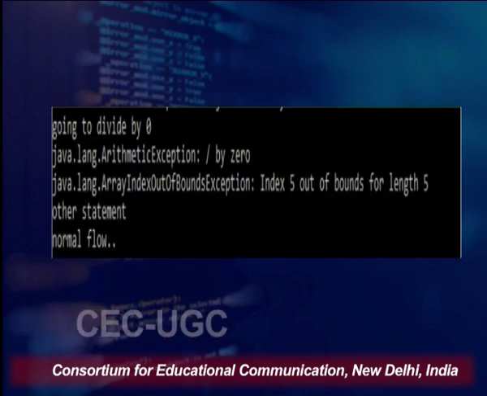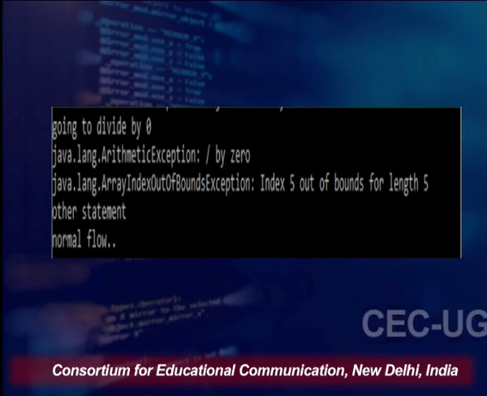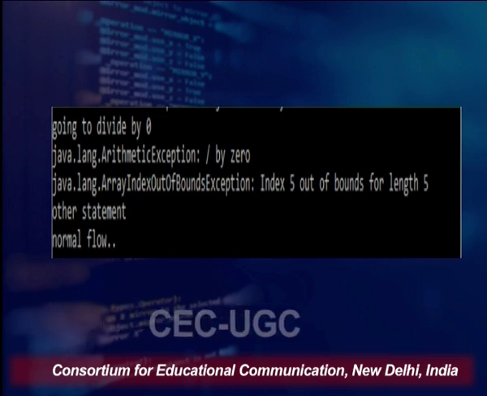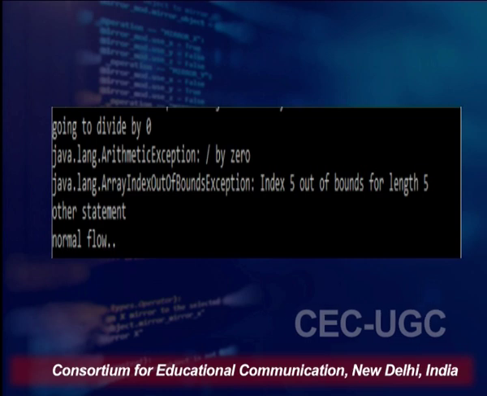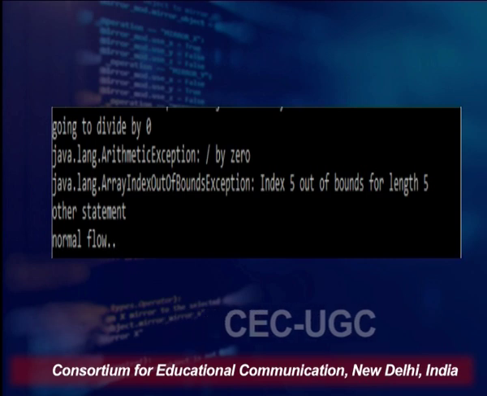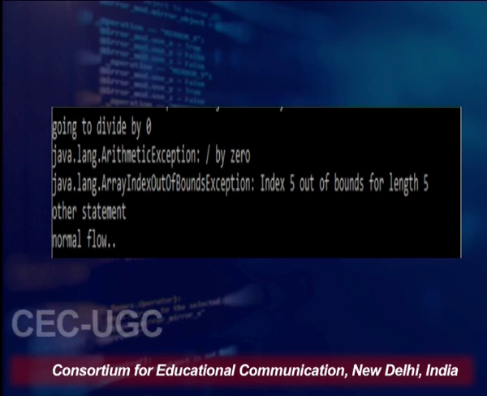And here we have this output: going to divide by 0 first, then the exception handled, which is the divide by 0 exception. Then we have the array index out of bounds exception, which is again handled, and the contents of object E are printed. Then we have the statement, then the other statement, and then the normal flow.